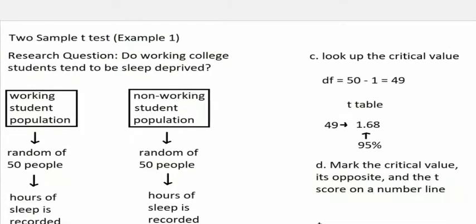If the two sample sizes had been different, we would take the smaller one and subtract 1 from it. But if they're equal, we just take that sample size and subtract 1. So it's 49. That's the row of our t-table. So we go to row 49 in the t-table.